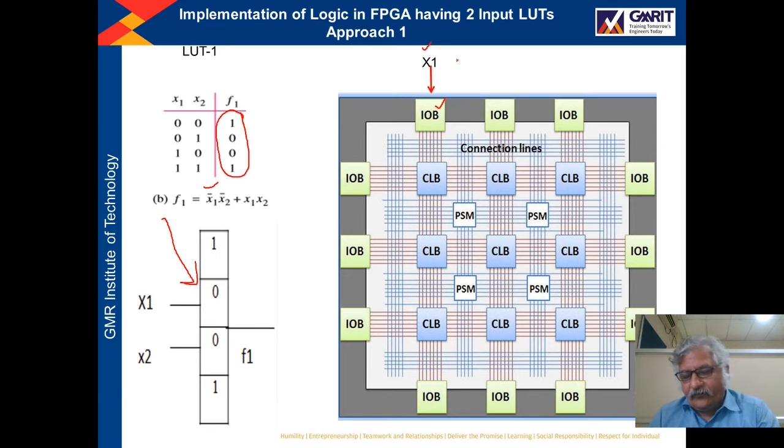We will fix our input pin or output pin of this particular FPGA, and let us assume this IOB I have declared as an input for my input X2. And this IOB I have fixed as my output pin for my output F1.